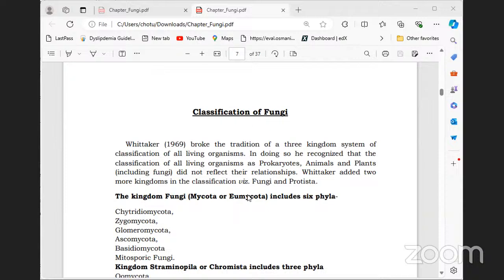Here, Whittaker 1969, the scientist's name, is important. Sometimes scientist names are asked in competitive exams, not in descriptive exams. In competitive exams you can write these scientist names also.